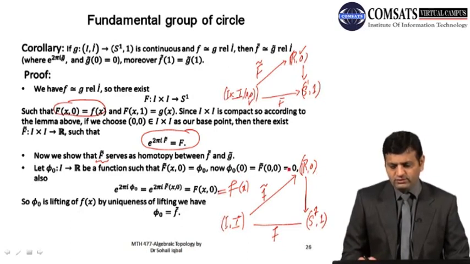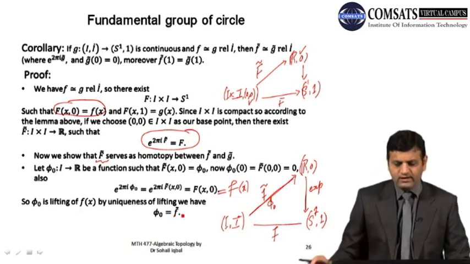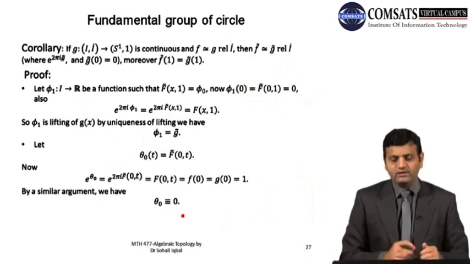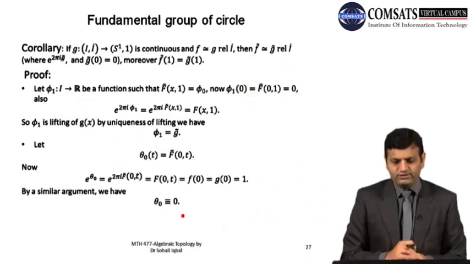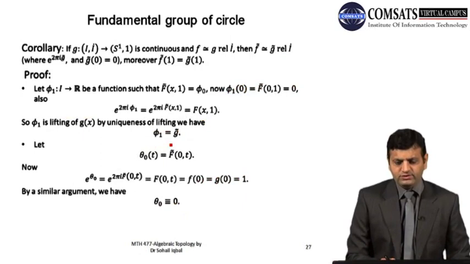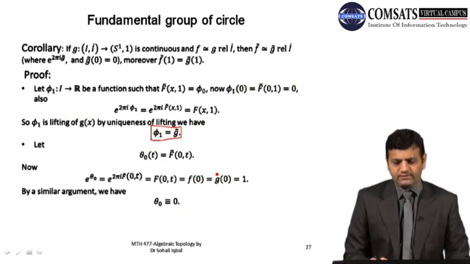It's taking 0 to 0, and also e raised to power 2 pi i phi naught, if we follow this route, first applying phi naught and then applying exp, is equal to f of x. But there is a unique function with these two properties, so this phi naught is equal to f tilde. Now we can follow the same procedure and show that phi 1 is equal to g tilde.